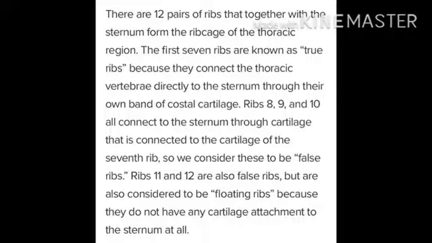So we consider these to be the false ribs. Ribs 11 and 12 are also false ribs but are also considered to be floating ribs because they do not have any cartilage attachment to the sternum at all.